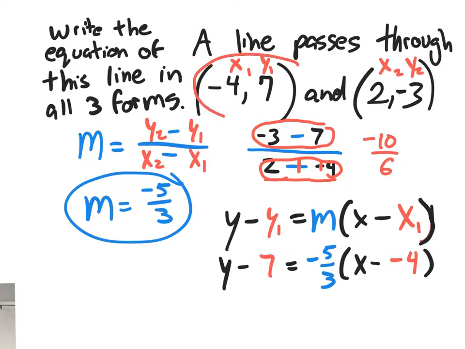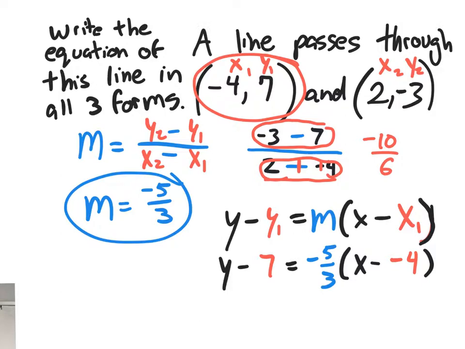We're selecting this point, so we are going to put the negative 4 for the x1 and the 7 for the y1. You can't use this x and this y. That would be incorrect. You have to either pick this point or this point. I say go with the first point all the time, just for the sake of being on the same page. So we have a point slope form equation.